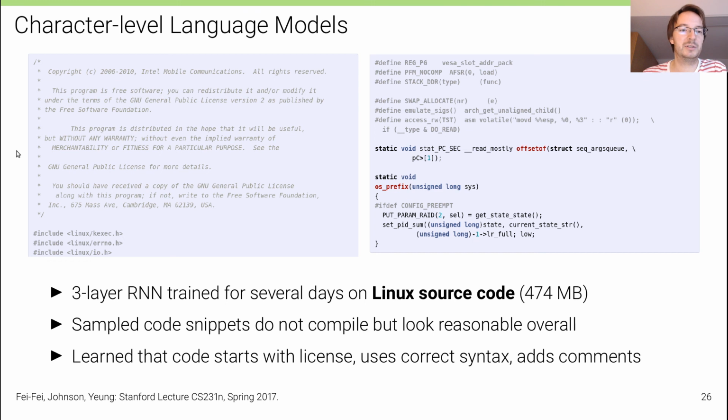The model has learned that it should recite the GNU license in the beginning, and then there's some includes, and after the includes there's some defines, and then there's some static variables, and then there's some definitions of functions coming after that, and classes, etc. And it learned how syntax works, that brackets should be closed, and that variables should be defined. It also learns to add comments, so it's quite fun.